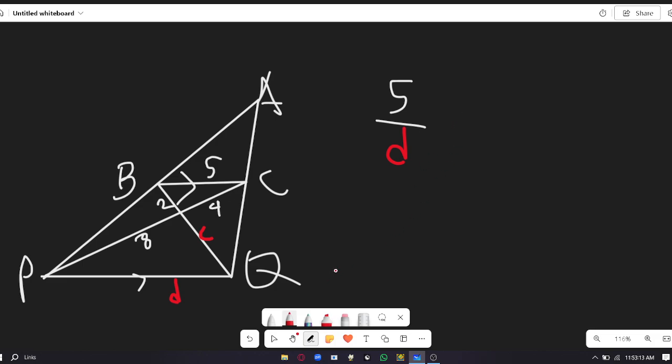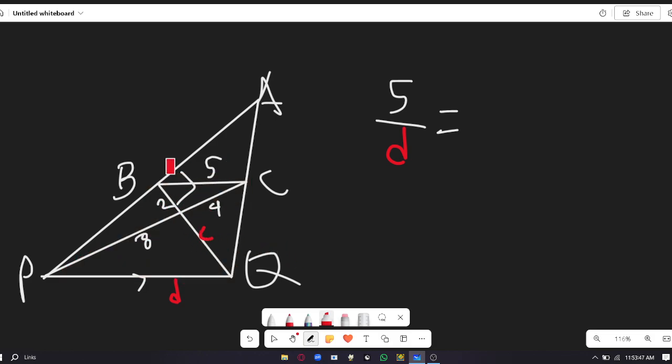This is equal to, what else do we have? What else do we have similar? We have this angle, this triangle similar. Yeah, we have this triangle and this upside down triangle to be similar.